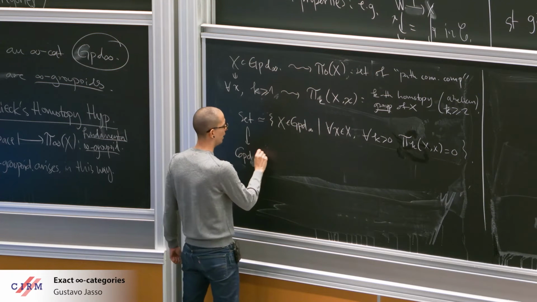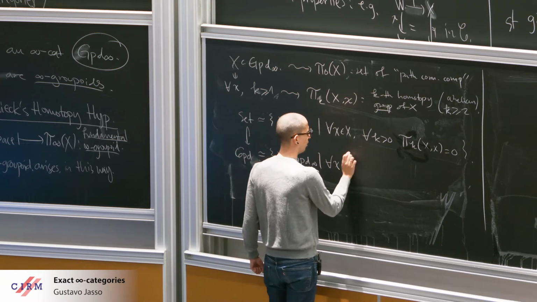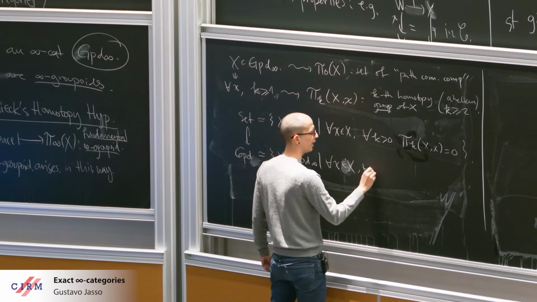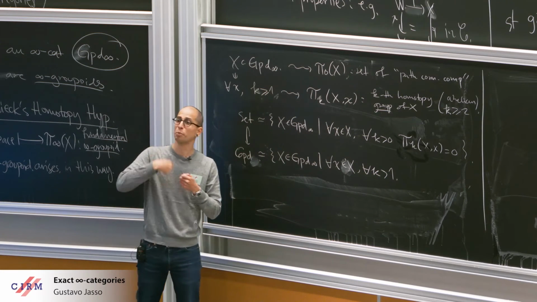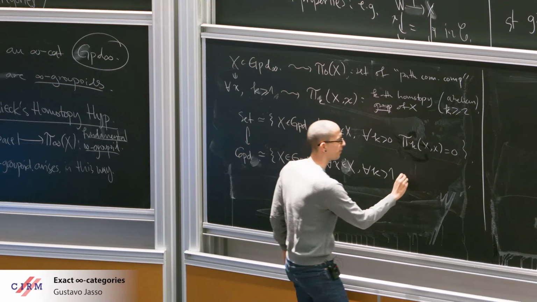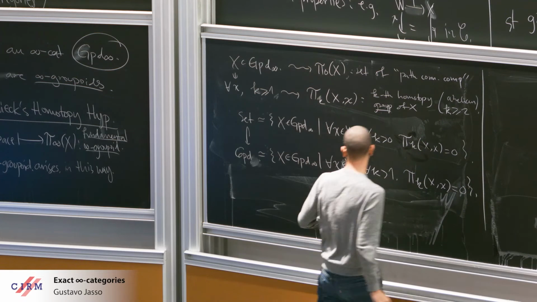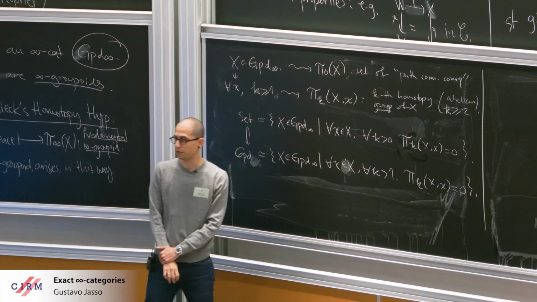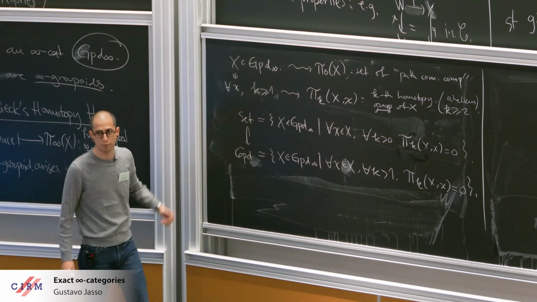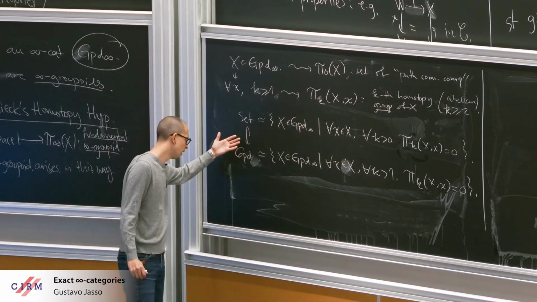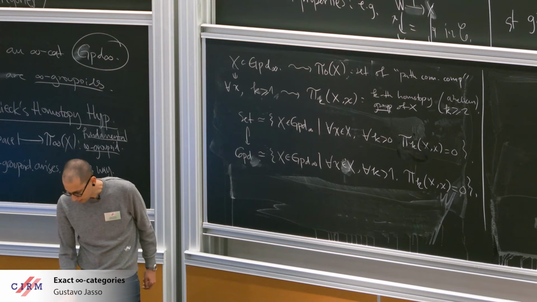And the groupoids are the infinity groupoids with an analogous property in dimensions 2 and higher, but now I allow for self-identifications, because in a groupoid I maybe have groups of automorphisms at some point. But in dimensions 2 and higher, I no longer have such information. So in this way, you can think of infinity groupoids as generalizations both of sets and of ordinary groupoids. In particular, if you have some groupoid, then you immediately have some infinity groupoid. So one knows many examples.